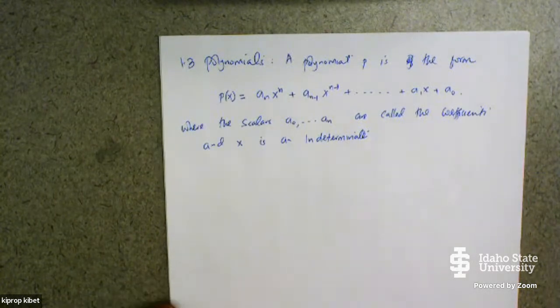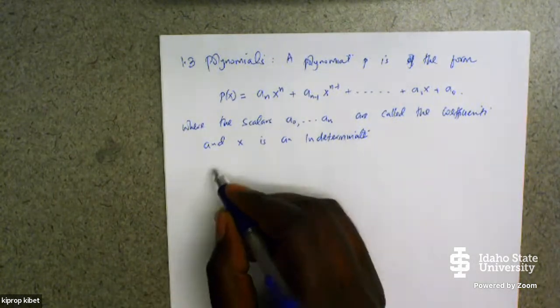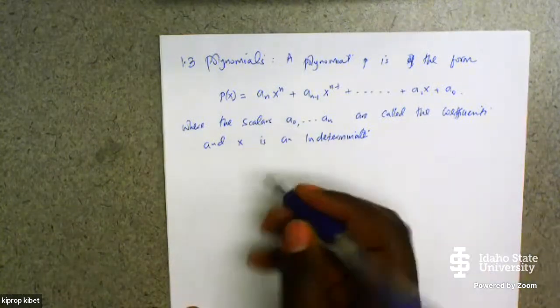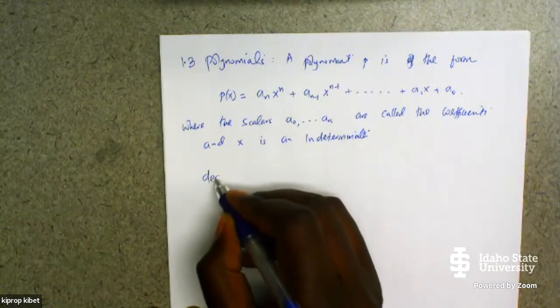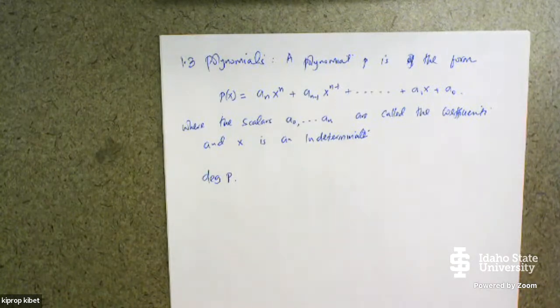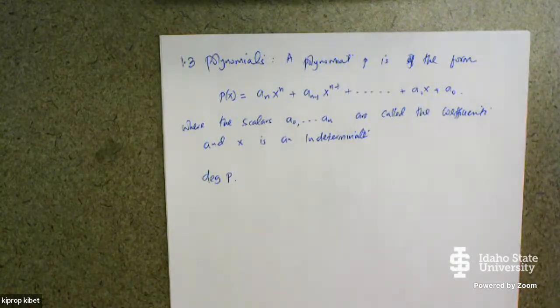The other thing you need to know is the degree of polynomial. The degree is the highest power of the polynomial. So the highest power here is what? n, right? The highest power is n.